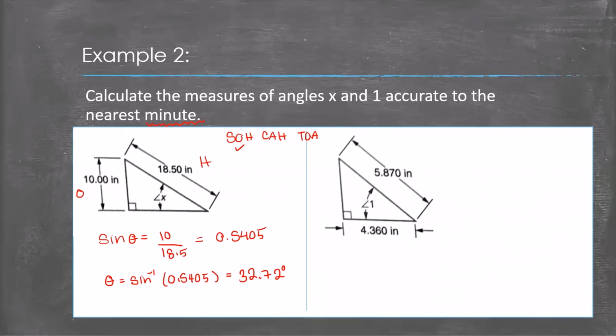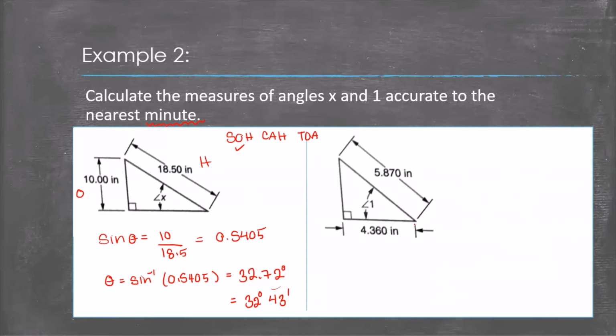So to get to the nearest minute, you're going to press that degree, minute, second button, and round to the nearest minute. Minutes is your second spot. So 32 degrees, and this decimal .72, to switch it to minutes, you can either multiply the decimal .72 by 60 if you want, but just that degree, minute, second button is pretty awesome. 43 minutes.